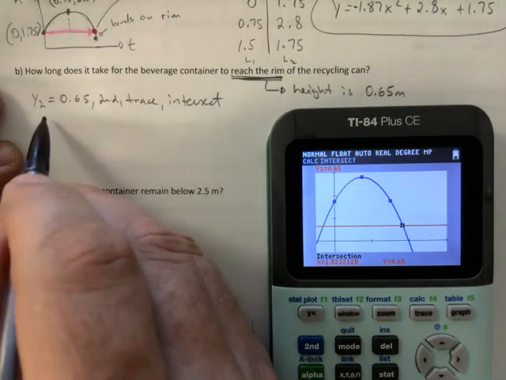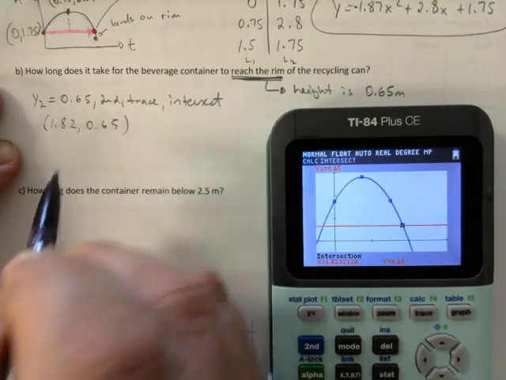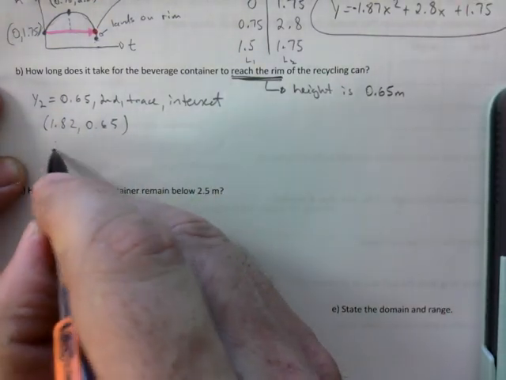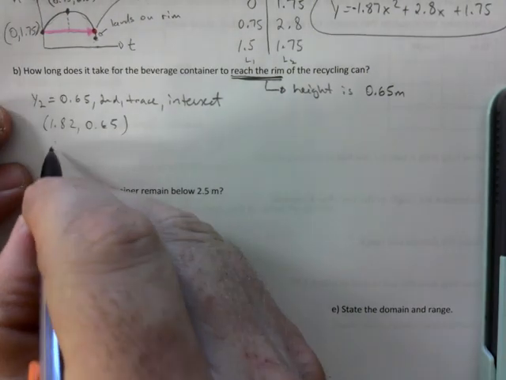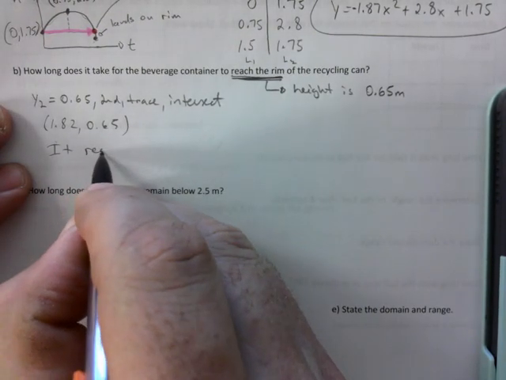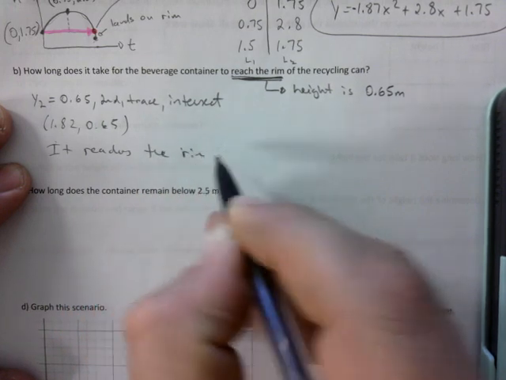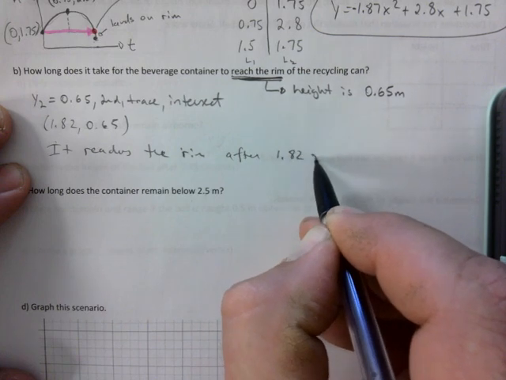And that happens. I put down the point, right? It reaches the rim after 1.82 seconds.